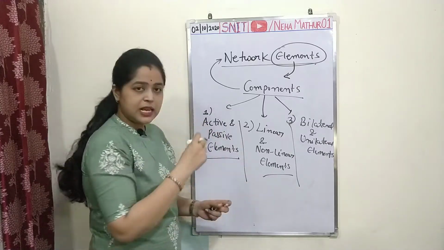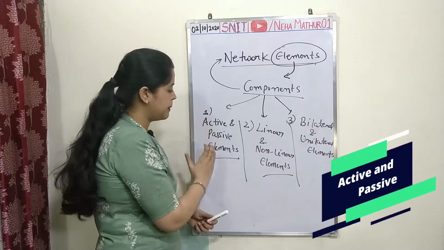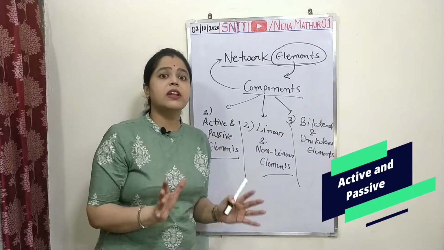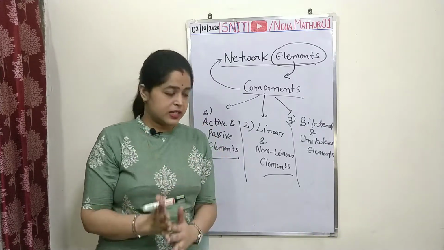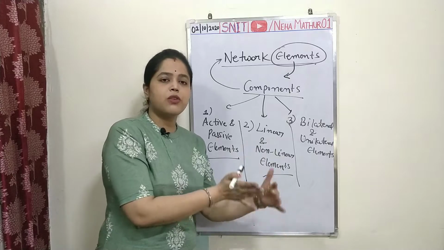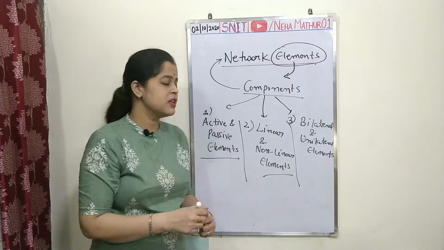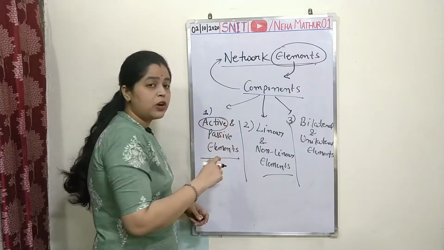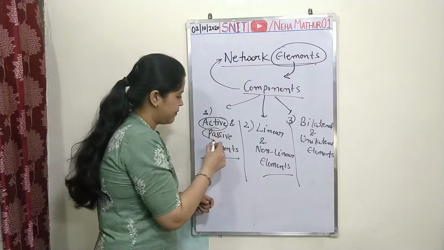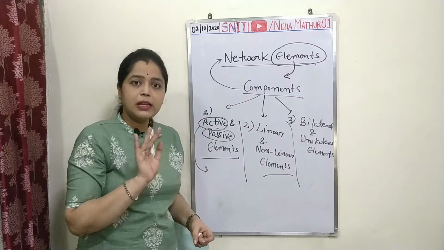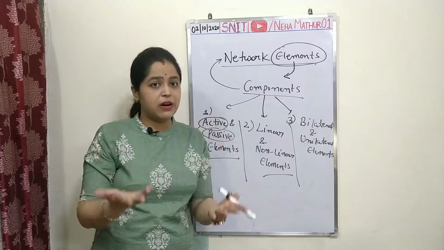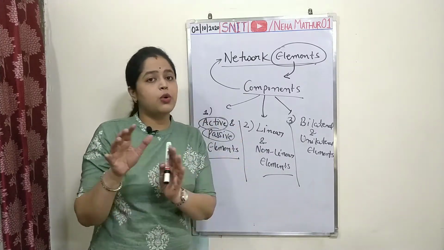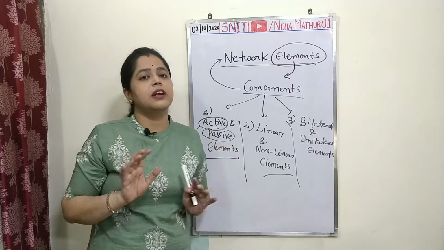The first classification is active and passive elements. There are several elements or components in electronics which are classified on the basis of active and passive. Now, what is the meaning of active and passive? Active elements are those elements which are able to deliver power to the remaining electric components present in the electric network.